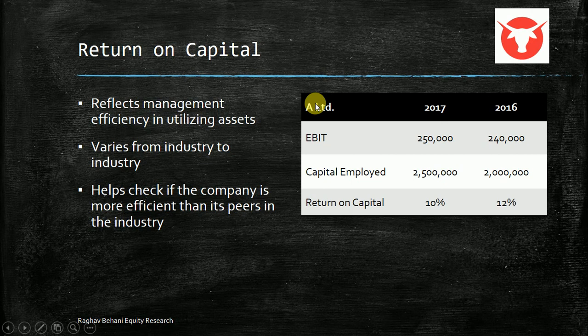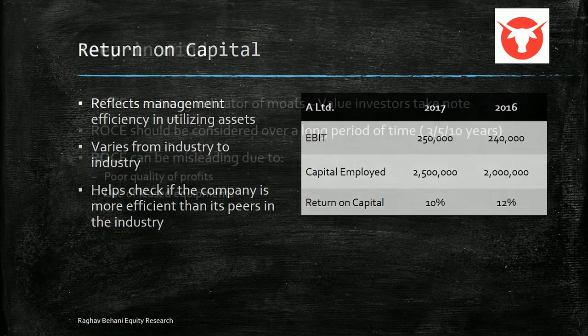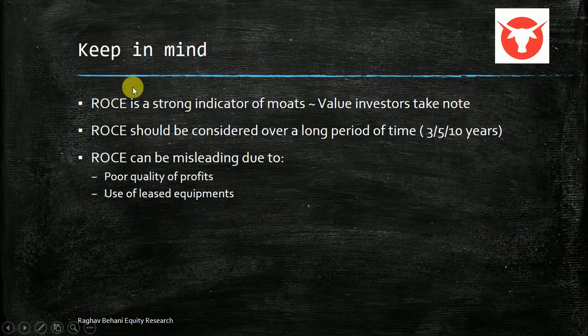Let's consider A Limited, which in 2016 made an EBIT of 240,000 on a capital employed of 2 million, thereby generating a return on capital of 12%. In 2017, it made an EBIT of 250,000 by now deploying capital of 2.5 million. The return on capital is now just 10%, which means that the return on capital has gone down from 12% to 10%. Keep in mind, return on capital employed is a strong indicator of moats.